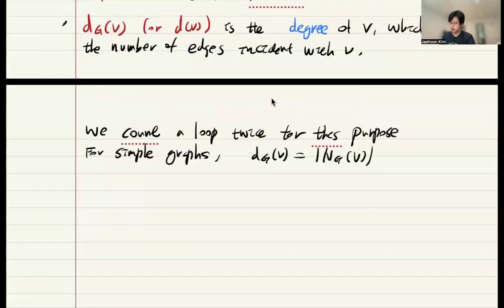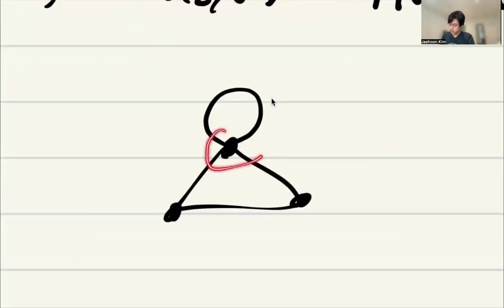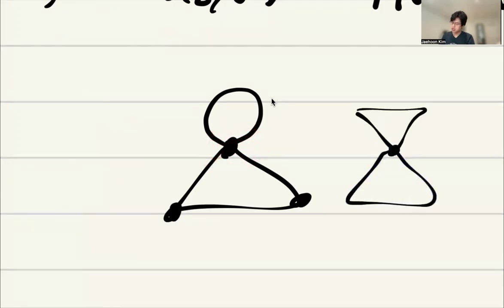So we do this because, for example, in a multigraph, if we zoom in and see this picture, you have one vertex and 4 lines coming out. And again here, one vertex, 4 lines coming out.